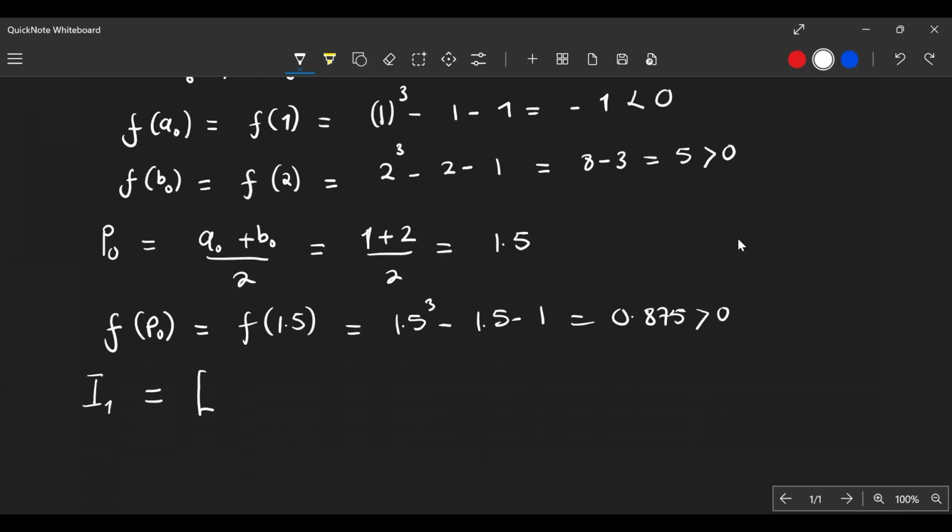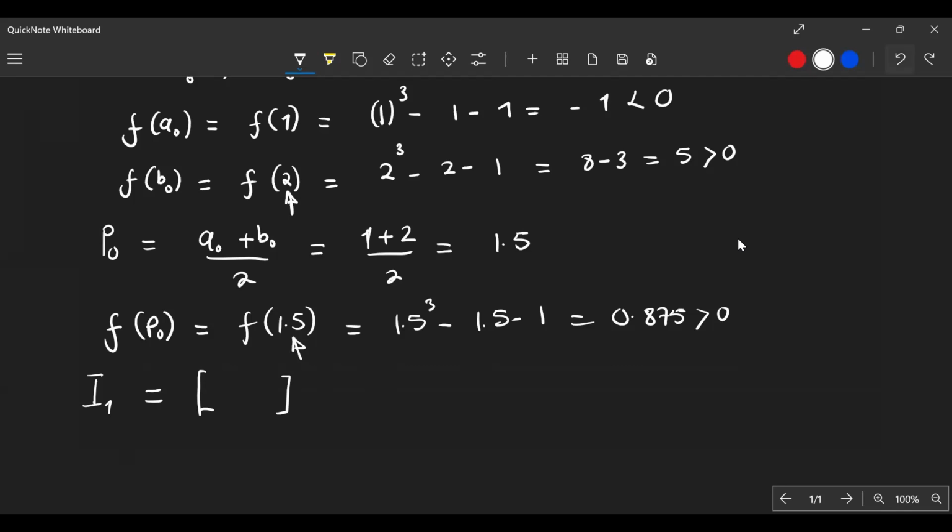My new interval is I1. Let's see what we're going to have. f of p naught is positive, and also from the previous one, f of b naught was also positive. They are both giving us positive. You see that 2 and 1.5 are both giving us a positive in this function.